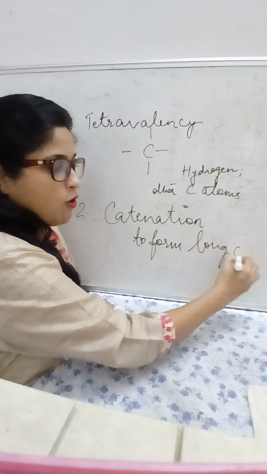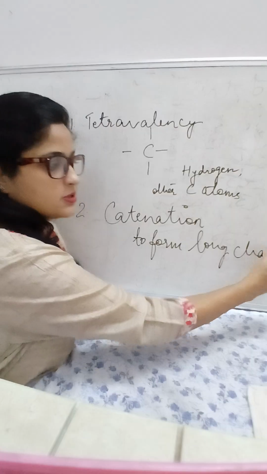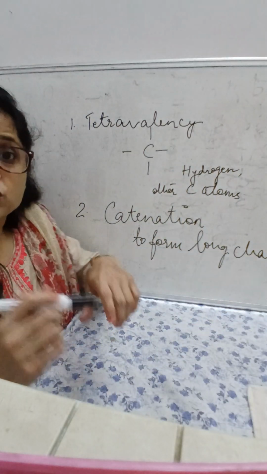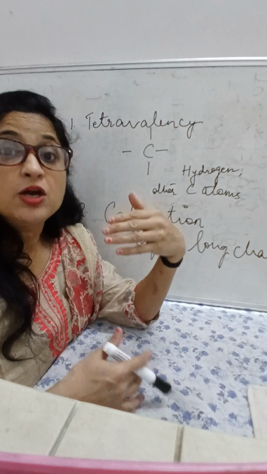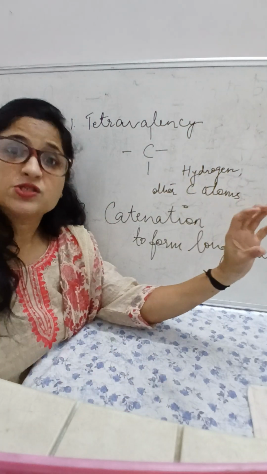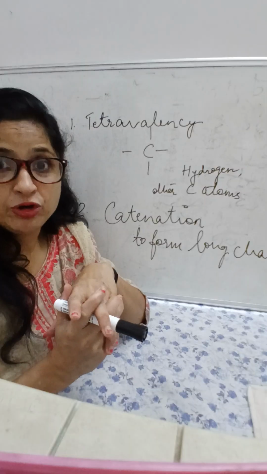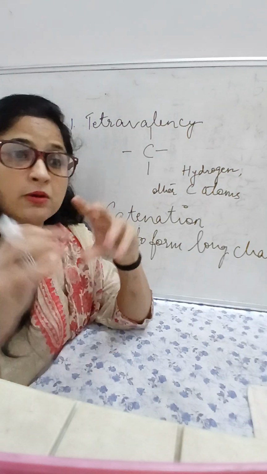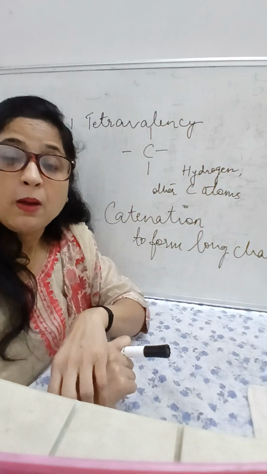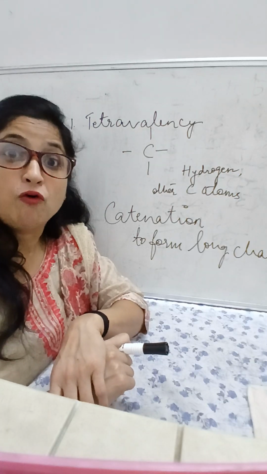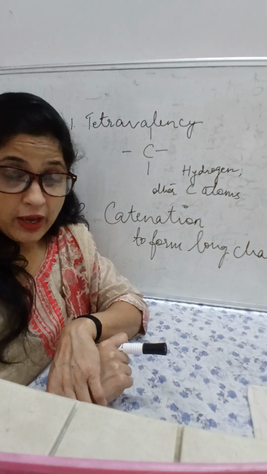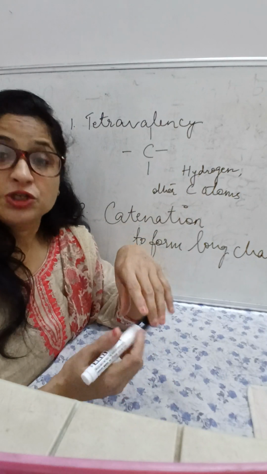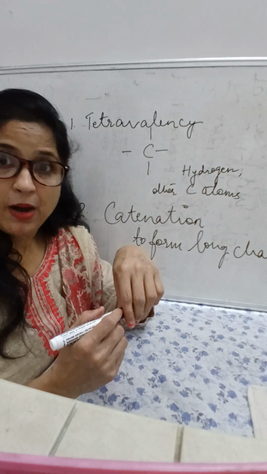Because of its small structure, it has the capability of forming long chains with carbon and hydrogen atoms. Not only open chains, it also has the capacity to form ring or cyclic compounds. So this is the introduction to my topic, carbon and its compounds.